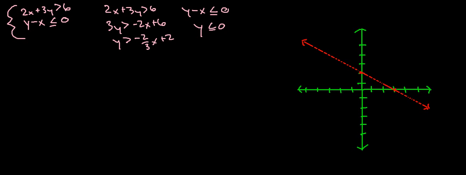And now the next thing to do is to figure out which region to shade, the bottom part or the top part. In this case, it's easy to tell just by looking at it, but if it wasn't, I would test a point, and the easiest point for me to test is 0, 0. If 0, 0 is a true statement, then the bottom part would be shaded. If it was untrue, the other side would be true. So I will test 0, 0.